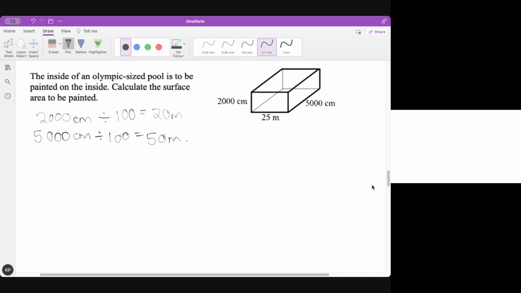Now let's go on to the surface area. Now, I know you guys want to write down the formula the way you know it, but why am I not going to write the formula exactly the way I know it? What's different about this question here, guys? Think of painting a pool. How many surfaces did we say are in a rectangular prism?